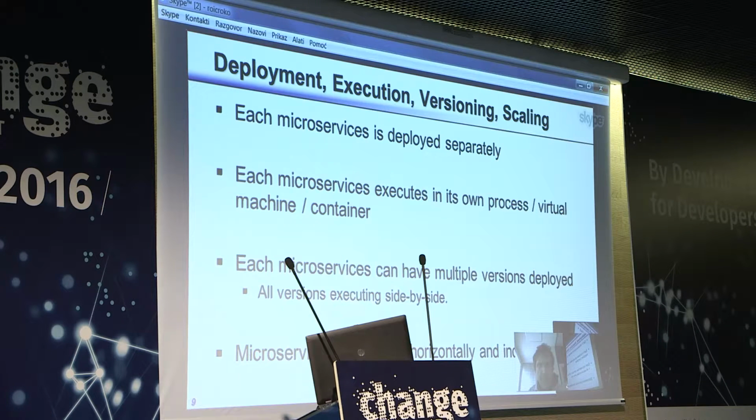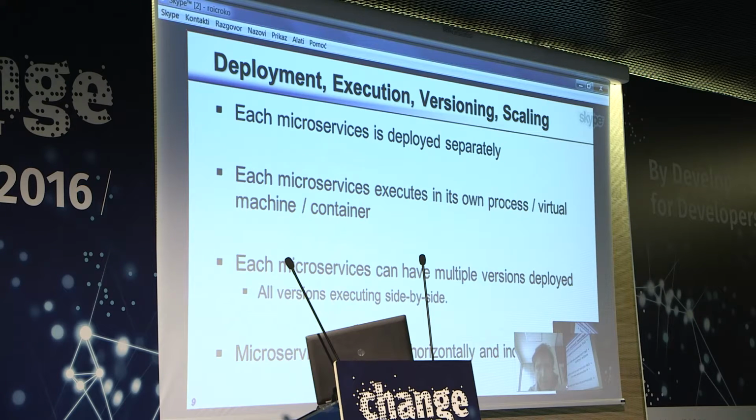For example, a microservice can have multiple versions, which all can be deployed side by side, and they are also executing side by side. So you can have a version 1, version 2, version 3 for a microservice. So it becomes important that an application can actually deal with versions and can select the right versions of a microservice to function.